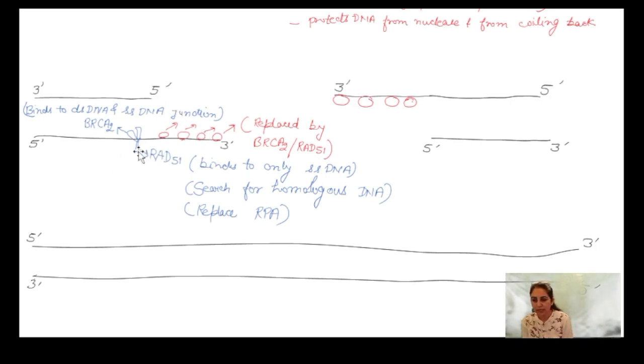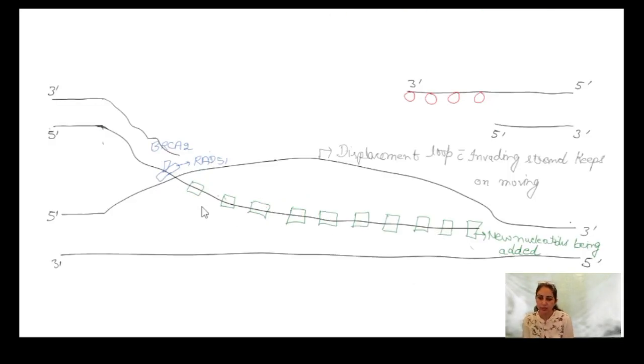Now this RAD51 protein helps the DNA molecule to search for the homologous chromosome. So let's see here. Now RPA proteins have been removed. RAD51 is there, and it helps this DNA molecule to search for the homologous chromosome. See, this is the homologous chromosome.